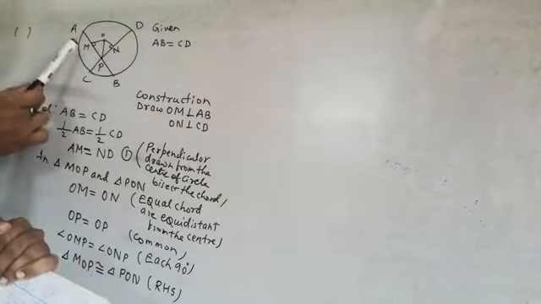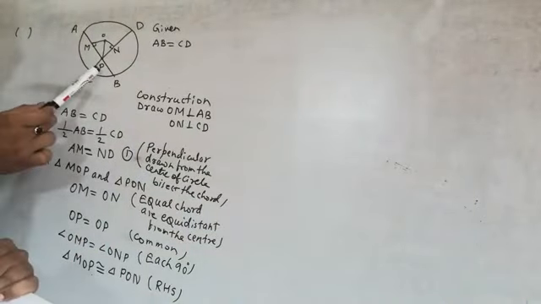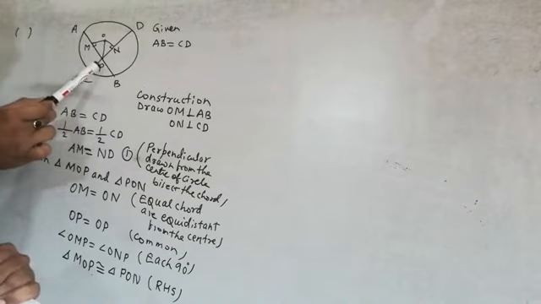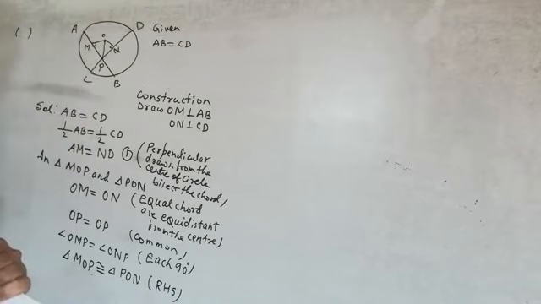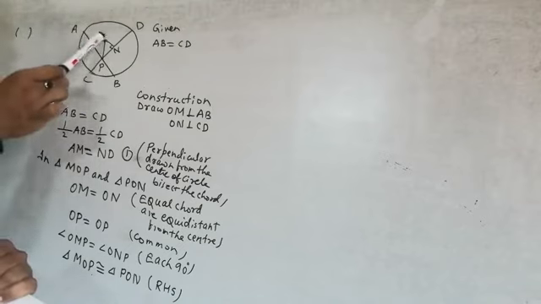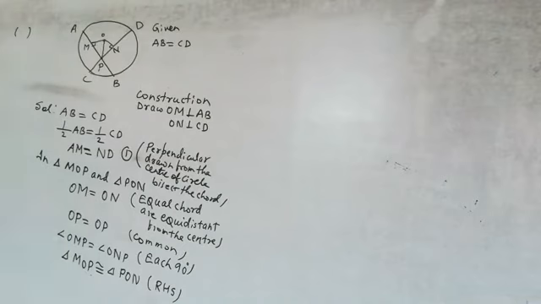That means if AB and CD are two chords meeting at P, then we have to prove that angle POM and angle PON are equal to each other.